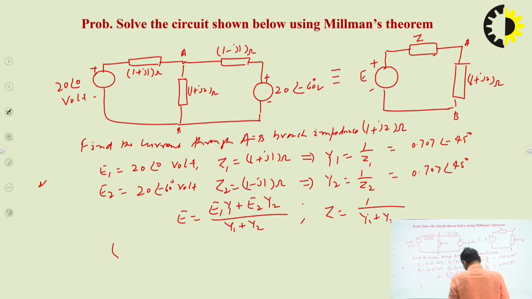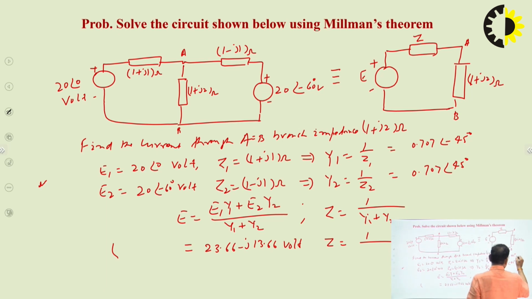Okay, so E, if you put in these values, is coming like this: 23.66 minus J13.66 volt. And Z can be converted into rectangular.